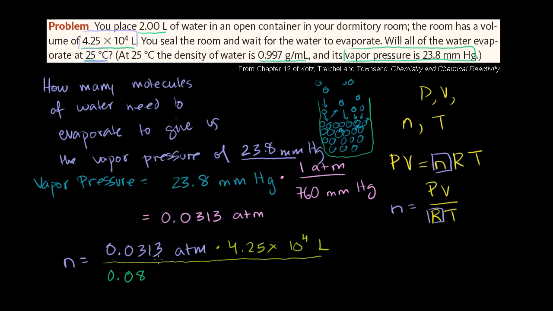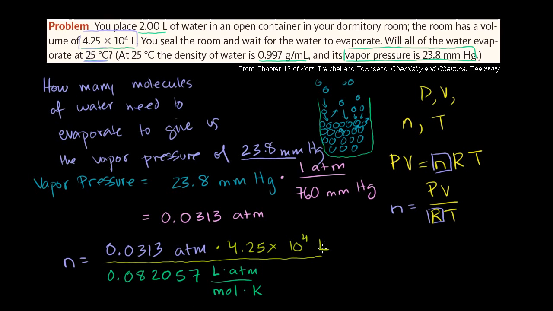See, everything has 3 significant digits. So I'll add more significant digits, and we'll just round at the end. 0.082057. And the units here are liters atmospheres per mole Kelvin.